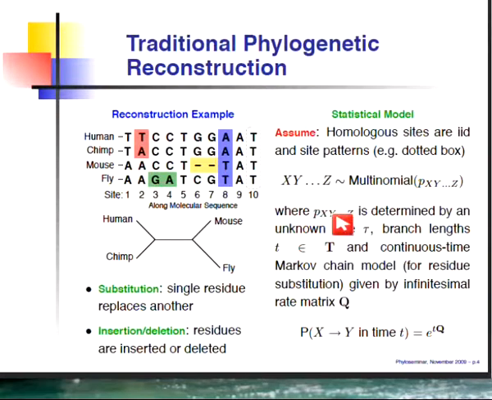So this unknown probability is going to be a deterministic function of an unknown tree, branch lengths on this tree that are going to reflect the expected number of substitutions along each of these branches, and a very simple continuous time Markov chain, which is a stochastic process that occurs conditionally independently along each of these branches that allows the character that exists for the state back in the history to change.